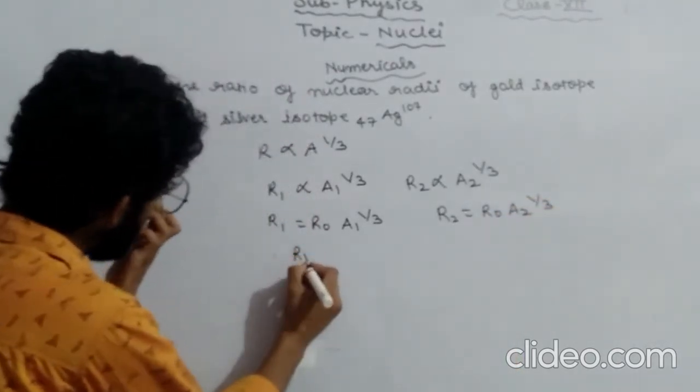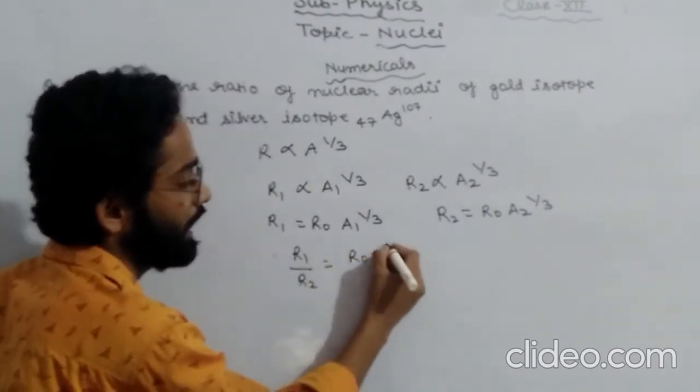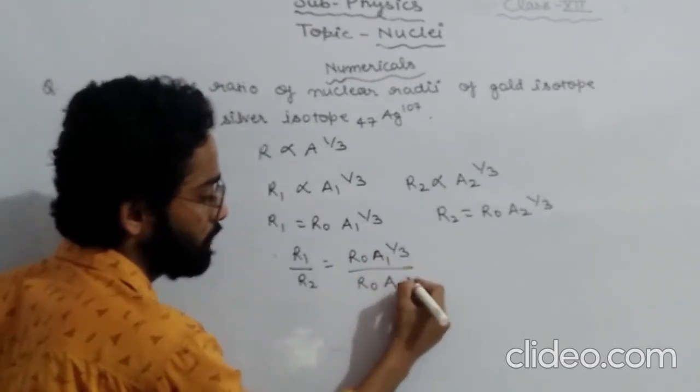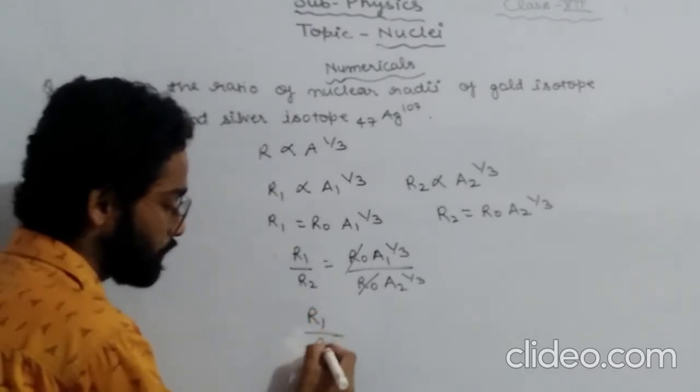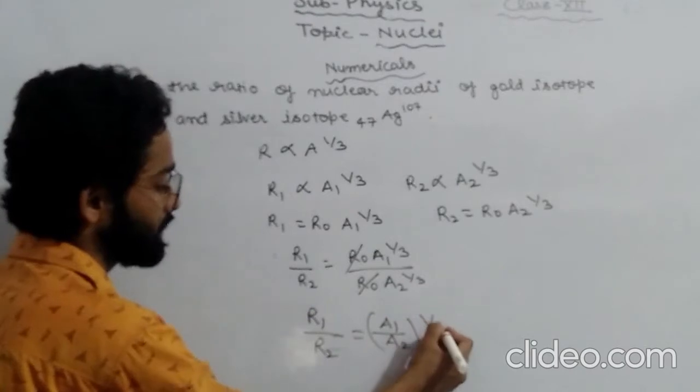If you take the ratio, R1 upon R2 is equal to R0 A1^(1/3) upon R0 A2^(1/3). R0 cancels. That is R1 upon R2 is equal to (A1 upon A2) to the power 1 by 3.